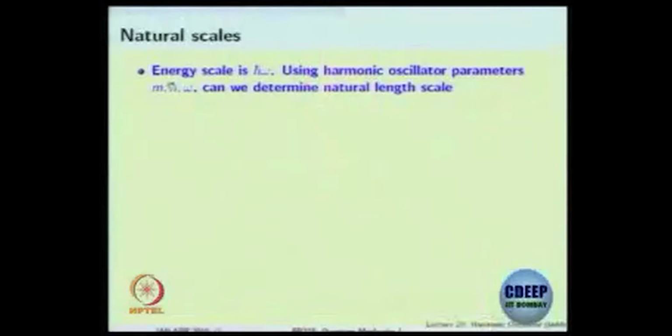And can we determine a length, a natural length, using these three parameters? Sure, all of you have done this dimensional analysis, right? So can you try to figure out how to play around with m, h cross and omega so that you get the dimension of L?